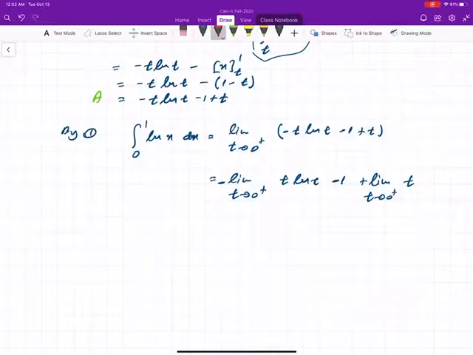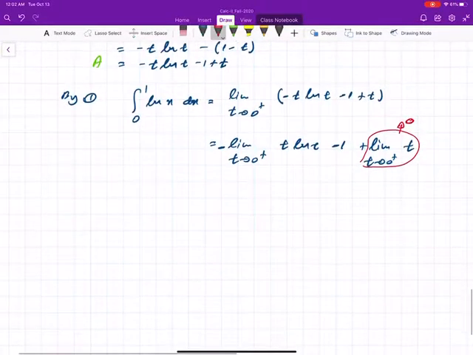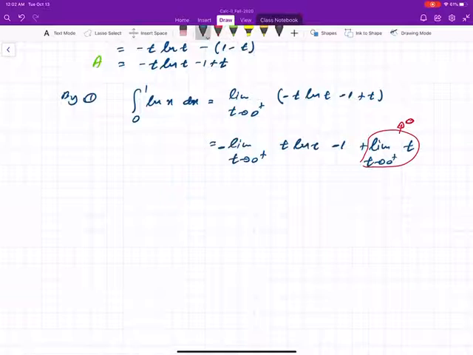So that part is 0, and you have to find the solution for this part. What is the value of the limit as t goes to 0 from the positive direction of t times ln t?